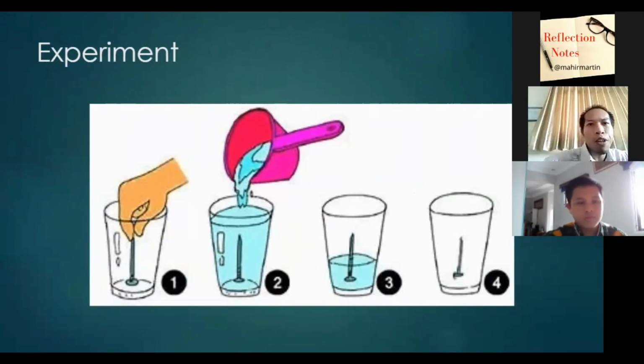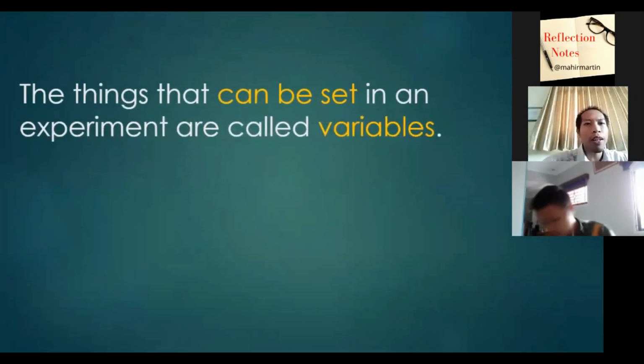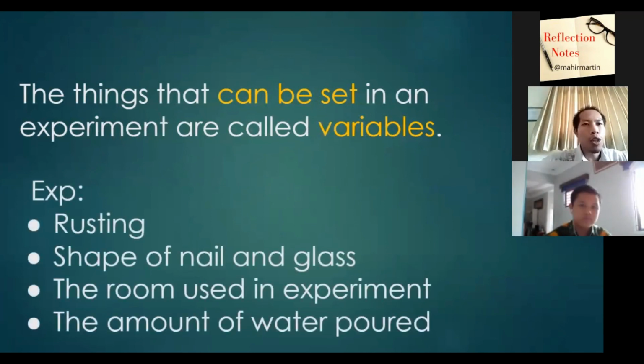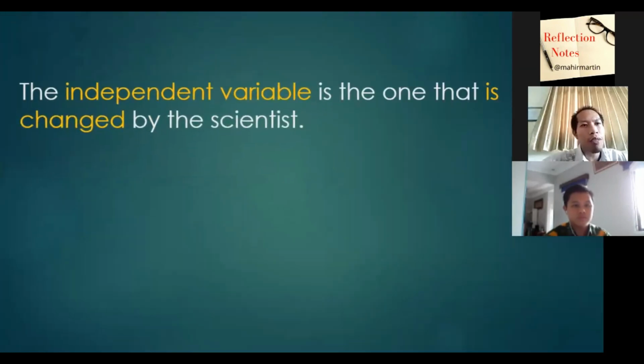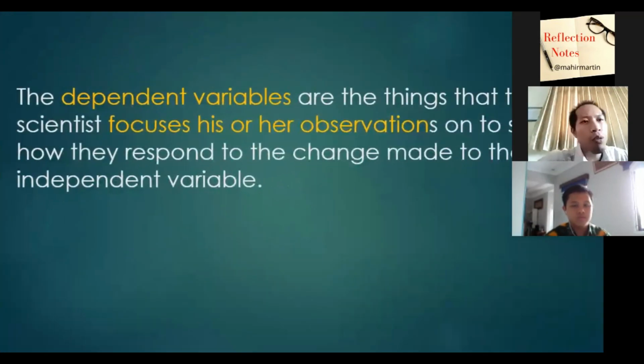In conducting an experiment, of course, there are some rules that you have to follow. You have to know the variables that you are going to use. A variable is the one which you set in the experiment. There are three types of variable. The first one is independent variable, the variable that you can change. The second one we call dependent variable, the variable that you focus on.